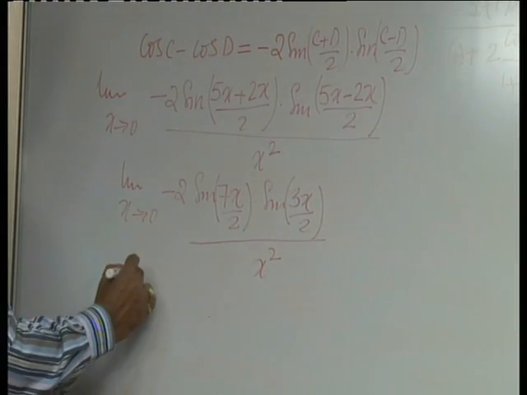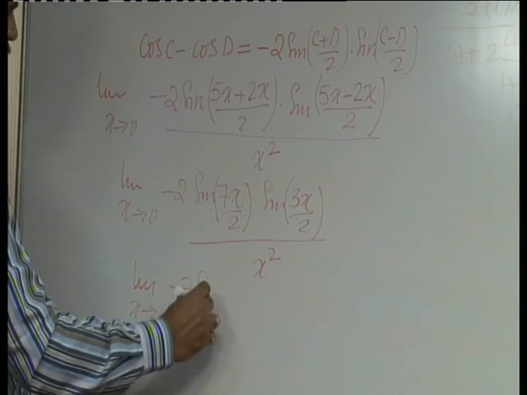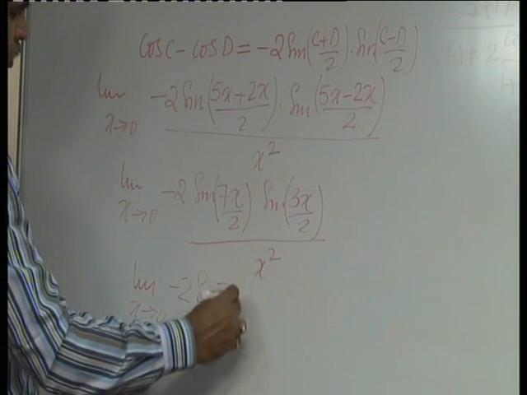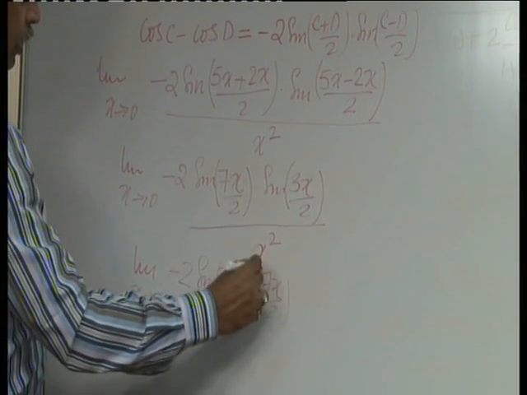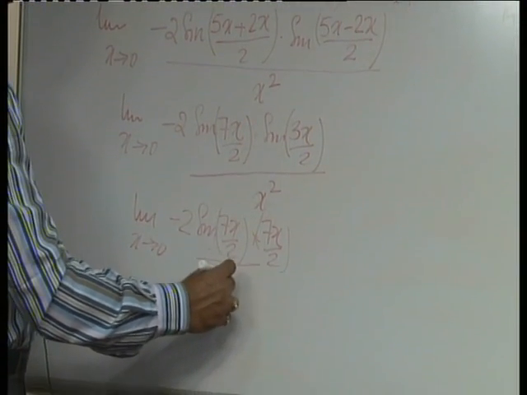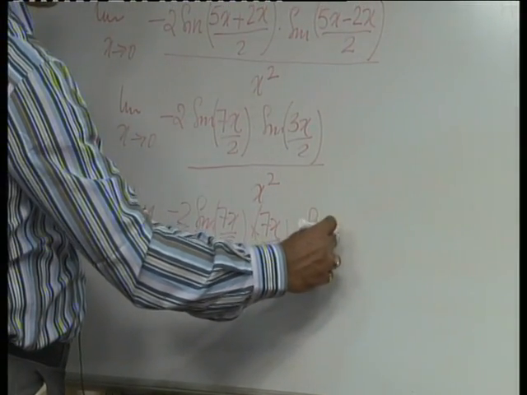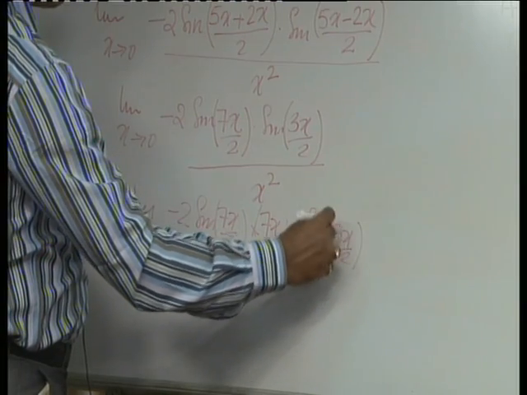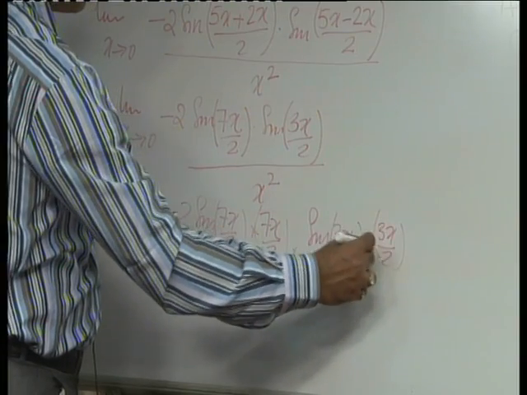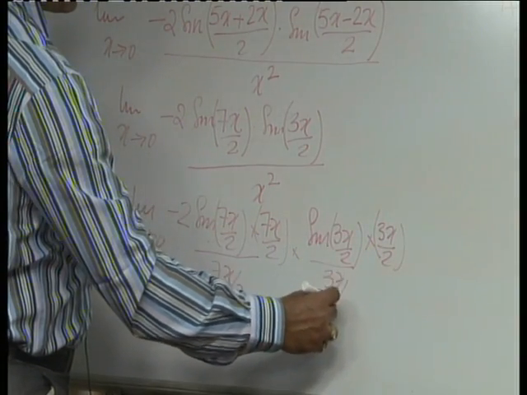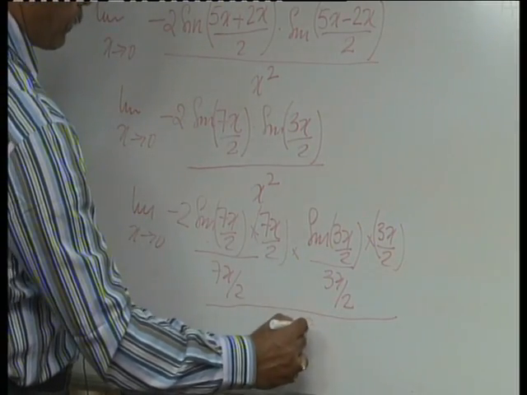So, it will become limit x tends to 0 of minus 2 into sin of 7x by 2 into 7x by 2, divided by 7x by 2, into sin of 3x by 2, for which I multiply and divide by 3x by 2, 3x by 2, all divided by x square.